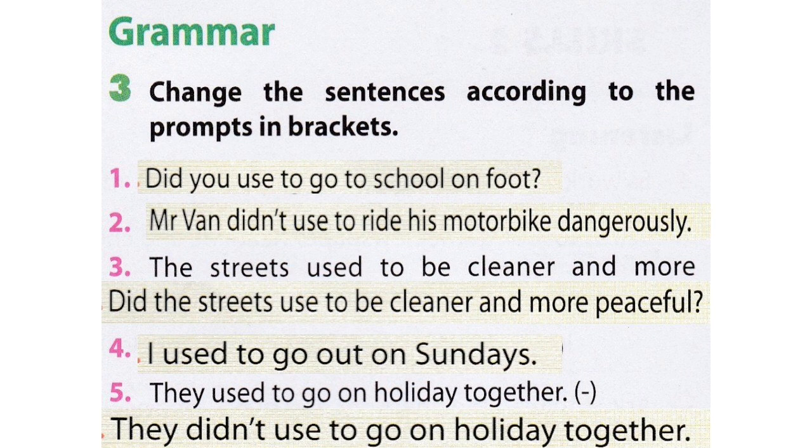Number 3. The streets used to be cleaner and more peaceful. The question is, did the streets use to be cleaner and more peaceful? Number 4. I didn't use to go out on Sundays. The positive form is I used to go out on Sundays.